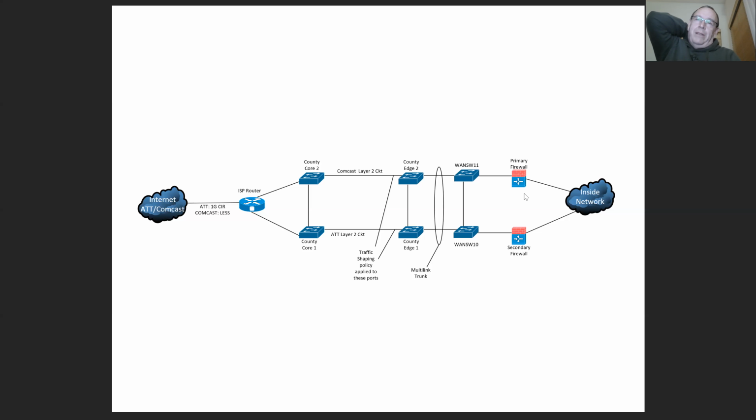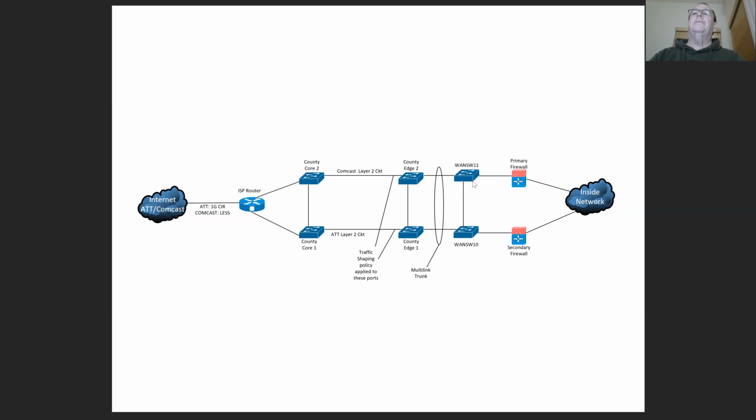Now, one thing I noticed that I need to bring up with Extreme is I was under the impression that when these two ports are set up as a trunk, or as we call it in Extreme world, an aggregate link, they should be load sharing in some way, shape, or form.